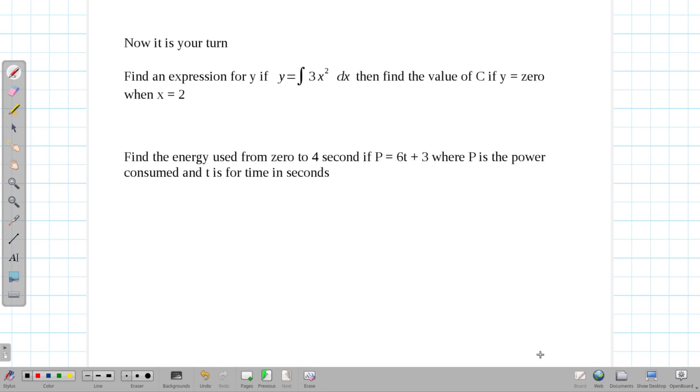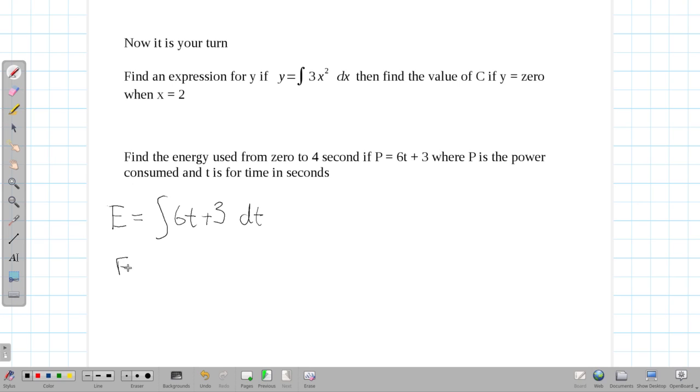Okay, the second one. Find the energy used from 0 to 4 seconds if P equals 6t plus 3. So let's have a look. We're using E again. E equals the integration of 6t plus 3 in dt.